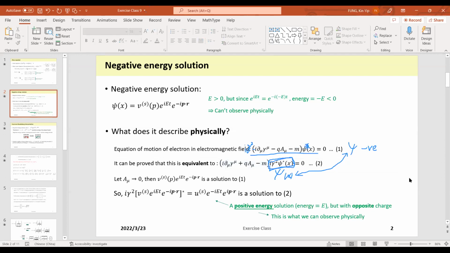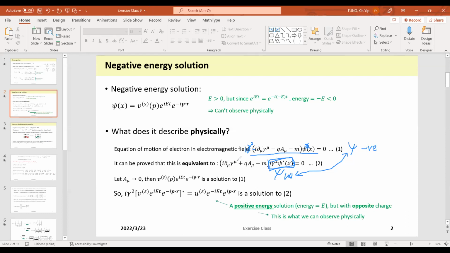We just call the minus psi the new solution, the psi prime that you have here. But now the electron carries a positive charge because of the extra minus sign that I put there. But the equations are still equivalent. I just put in the minus.